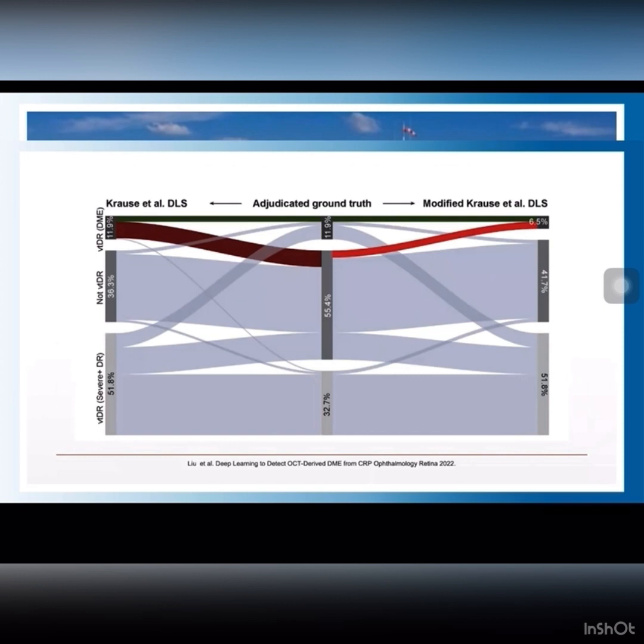The gray column on your right is the prevalence of DR and DME detected by the new OCT-derived model. The middle gray column is the prevalence detected by adjudication crowd truth. You can see the brown stripe on the left, which indicates false positive cases of DME from the conventional model, which is bigger compared to the red stripe on your right, which indicates false positive DME from the OCT-derived model. This means the new model decreases false positives of DME significantly.